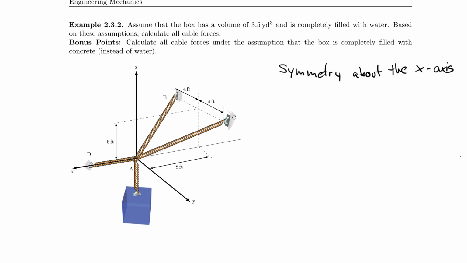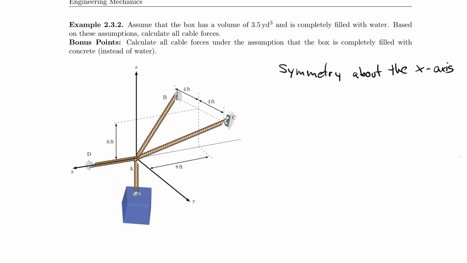And that means that I have half of the weight on the one side of the x-axis and the other half of the weight on the other side. So I can actually simplify my work. I can think of it as half a system. And let me draw that into this here.